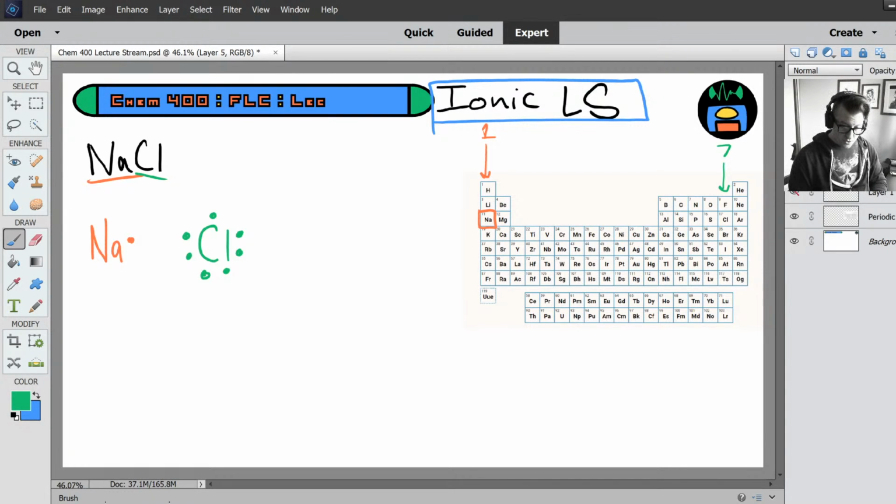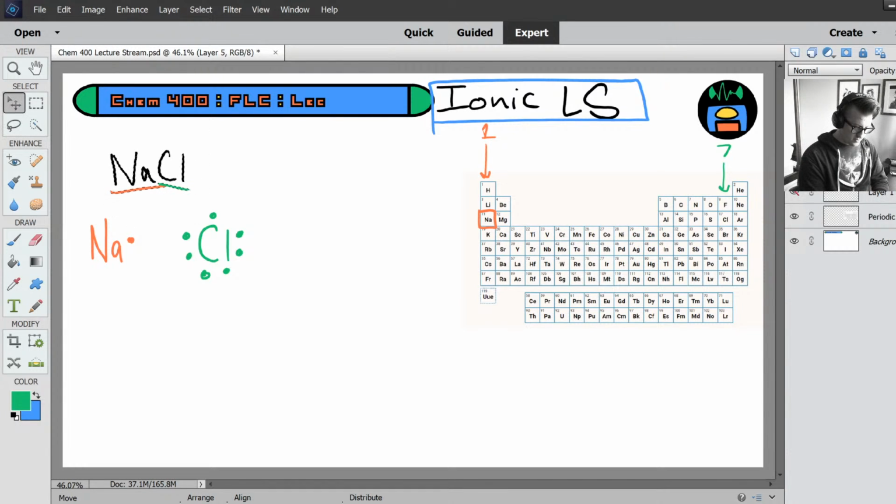Now, when you look at the electronegativities for sodium and chlorine, so let's scoot this over a little bit.